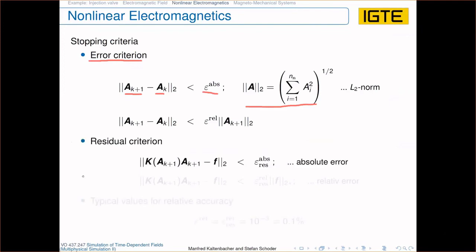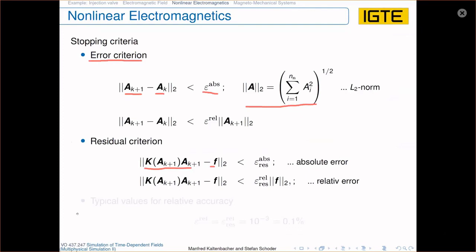Another possibility would be to look at the residual, because if the left-hand side minus the right-hand side is 0, we are somehow at the solution. And that you can do in an absolute norm, or as shown here in a relative norm.